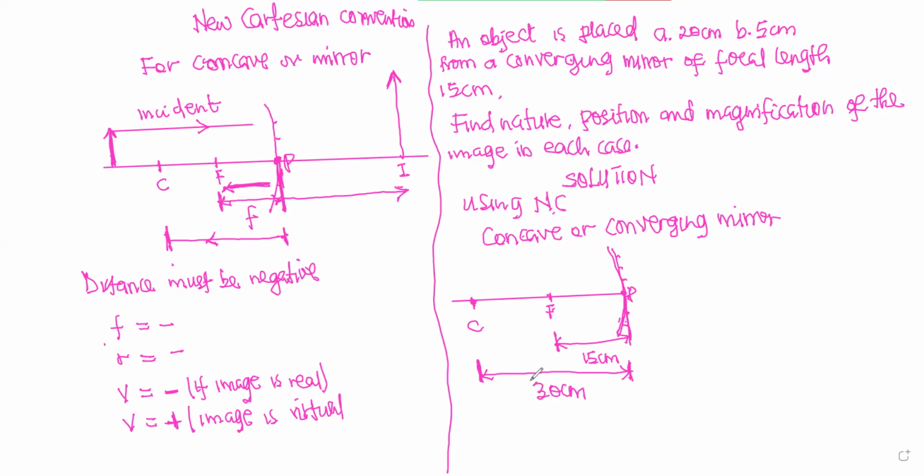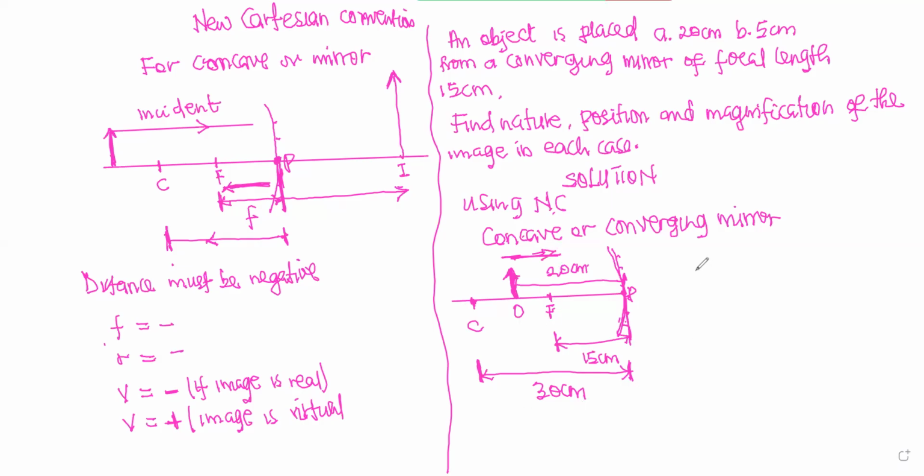The object distance is 20. And 20 is less than C and greater than F. So let's assume that 20 is somewhere here. So this is the object, which is at a distance of 20 centimeter from P. Now, because the object is here, this is the direction of the incident light.